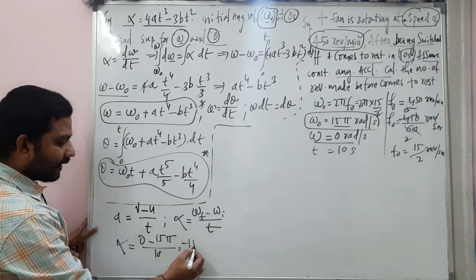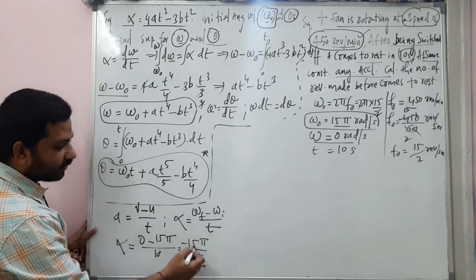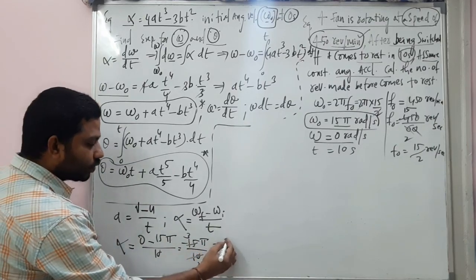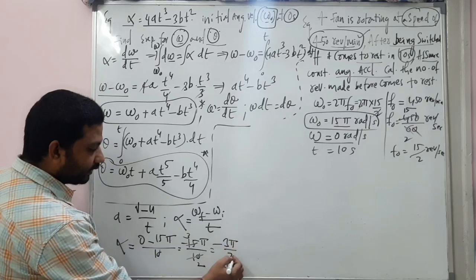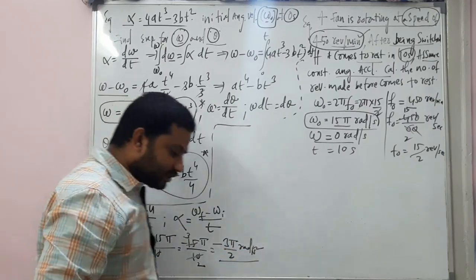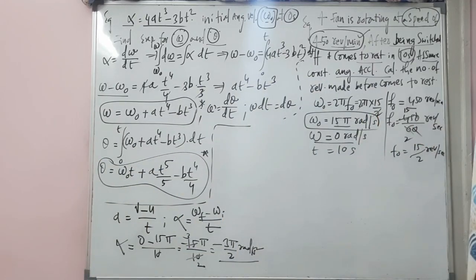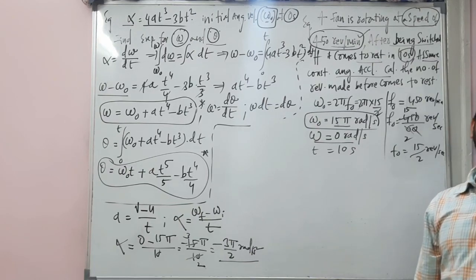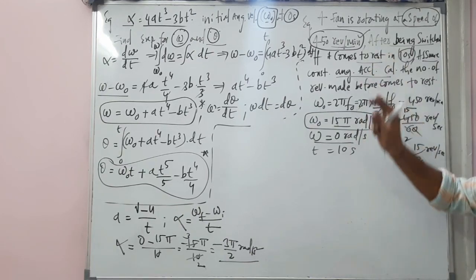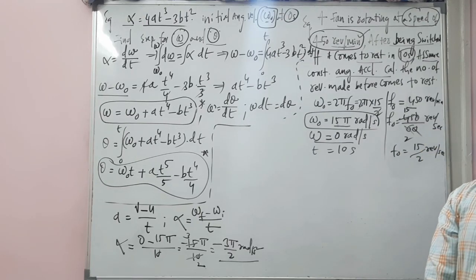So minus 15 pi by 10. This is 5 2s and 5 3s. So carefully observe, minus 3 pi by 2 radian per second square. This is the constant angular retardation. The negative sign indicates it is retardation. That's the reason the fan comes to rest after being switched off.